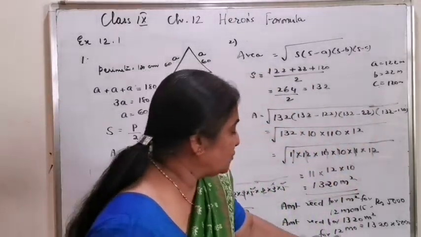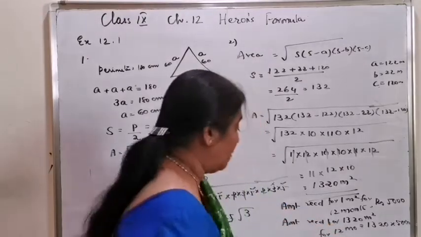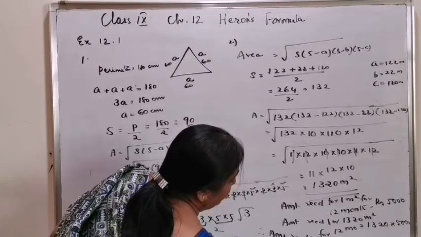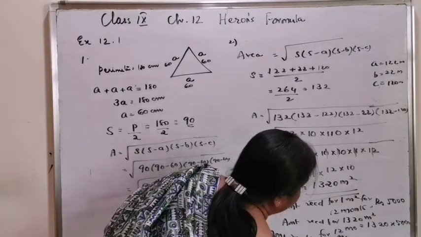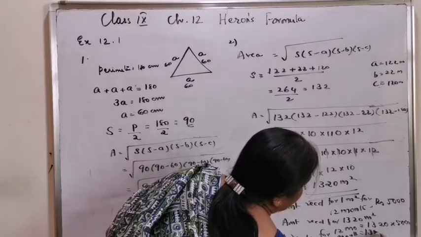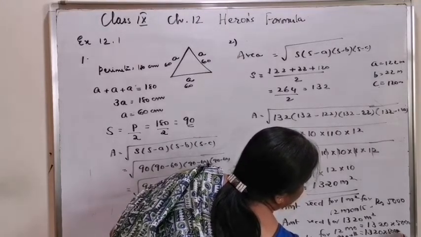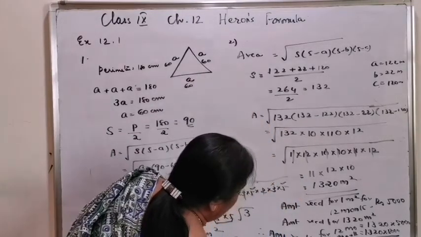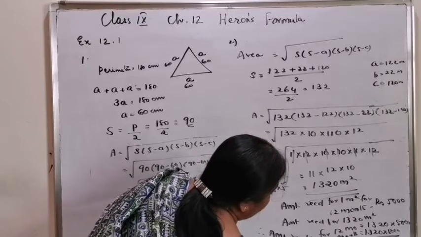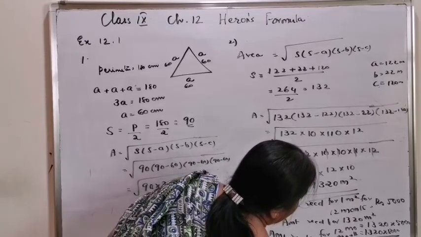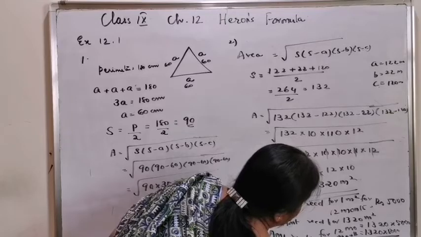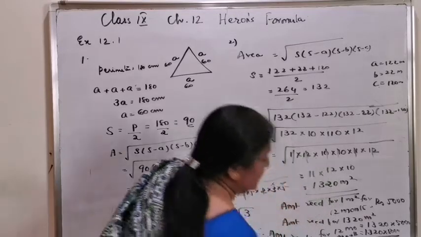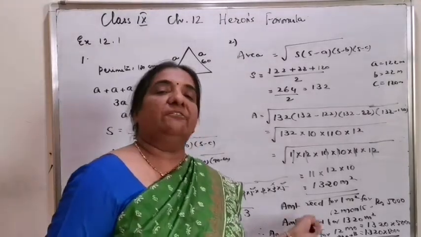That means for 12 months you are getting this, or the amount received for 1 month is 1,320 into 5,000 by 12. Thus the amount received for 3 months is 1,320 into 5,000 by 12 into 3, or it is the same as divided by 4.